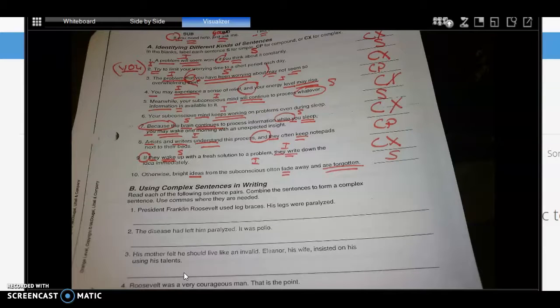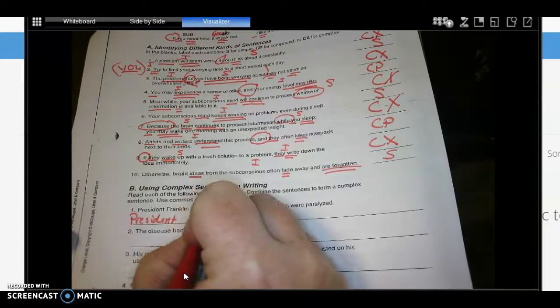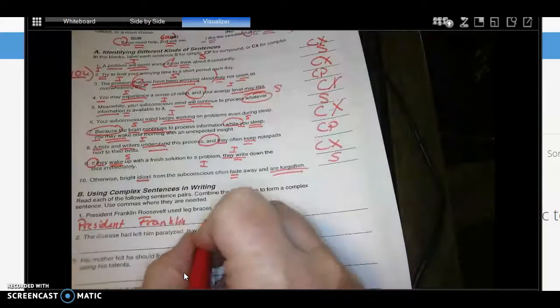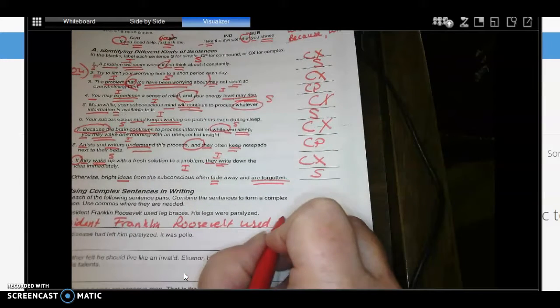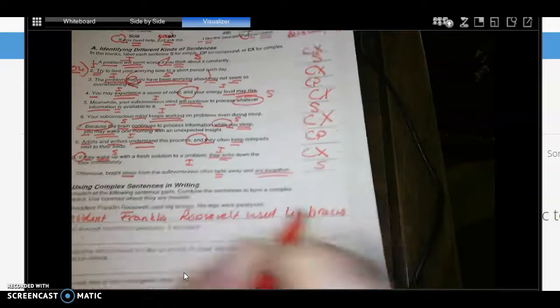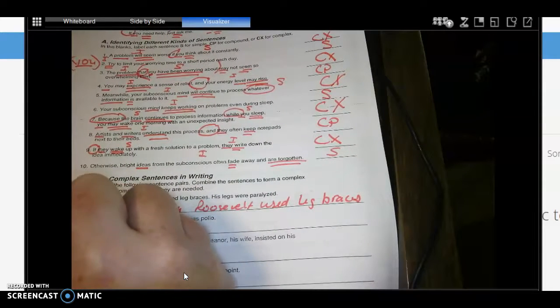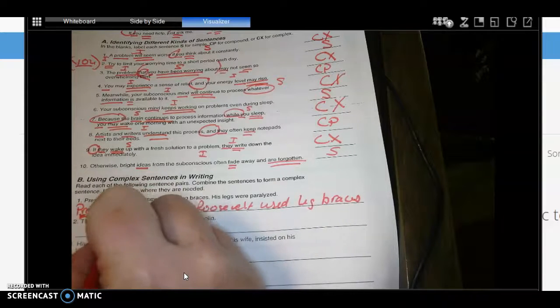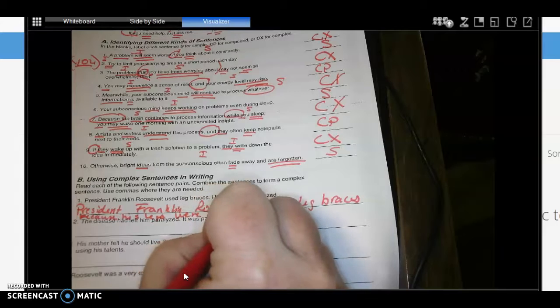to use commas sometimes. Okay, President Roosevelt used leg braces. His legs were paralyzed. Okay, you could do this a couple of different ways, but I think I would go ahead and put President Franklin Roosevelt used leg braces, and they never give you enough room, because his legs were paralyzed.